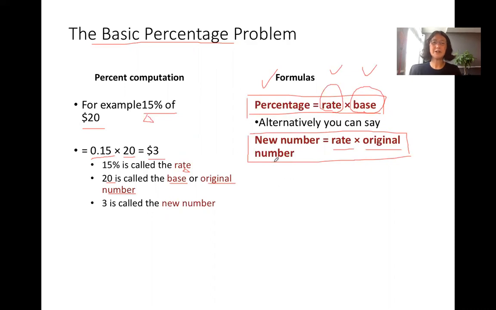For example, if you are given the percentage and the rate, what is the base? Base equal to percentage divided by rate. On the other hand, if you are given the percentage and the base, what is the rate? Rate equal to percentage divided by base.